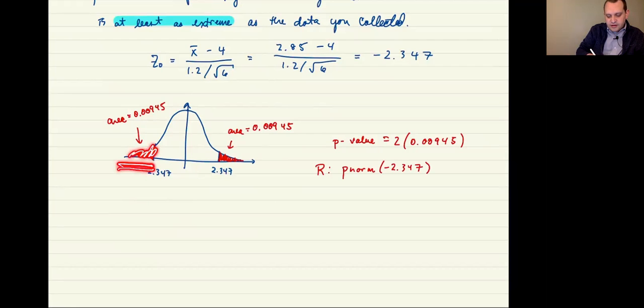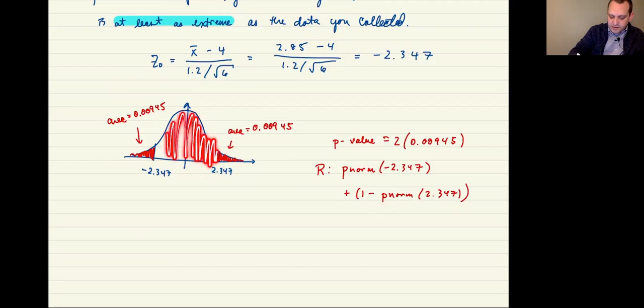Then you add the area of the other region, so you do plus 1 minus pnorm of 2.347. The reason is that pnorm of 2.347 without the 1 minus in front refers to the area to the left of 2.347, which is 1 minus the area we're looking for. So we have to subtract that from 1.